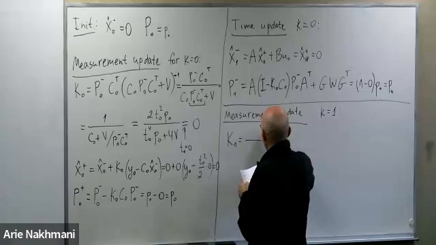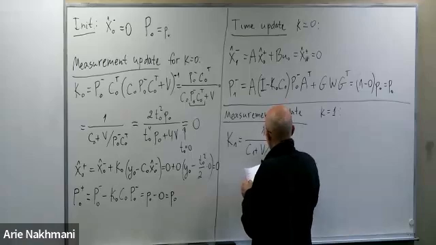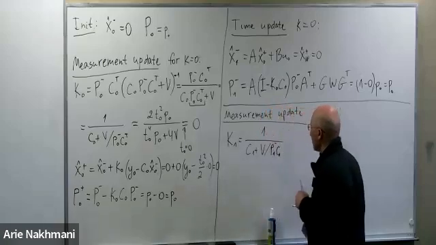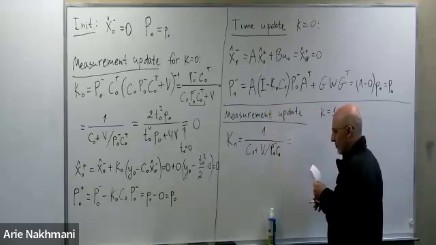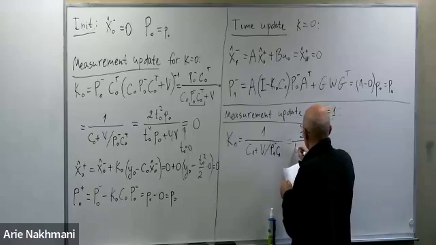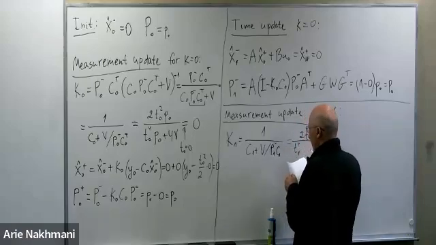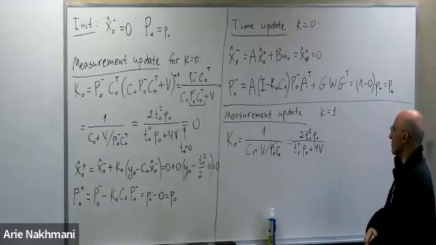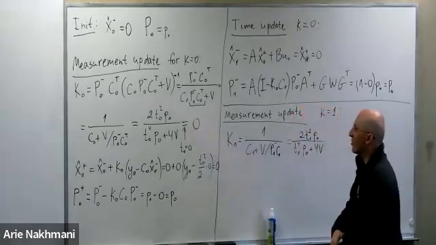That will be P1 minus C1 divided by C1 P1 minus C1 plus V. And the result will be 2 T1 squared P0 divided by T1 to the fourth power P0 plus 4V. Similar to what we got before, just with index 1. Same thing here, just replacing with 1, same formula.